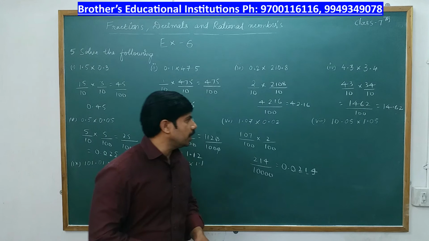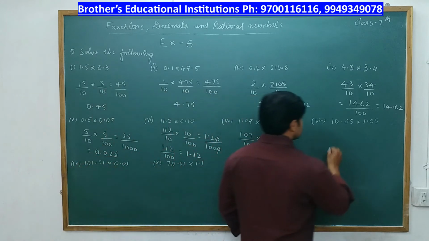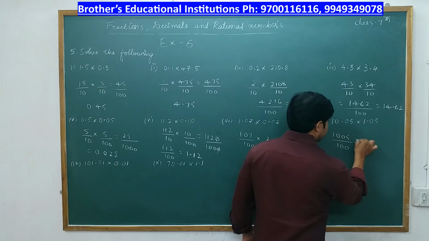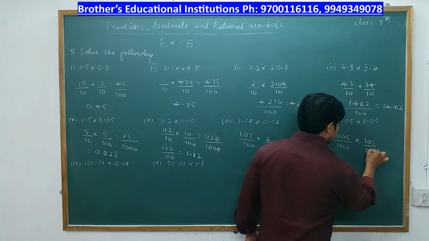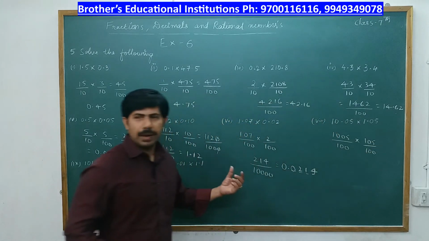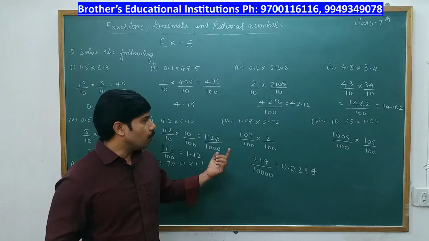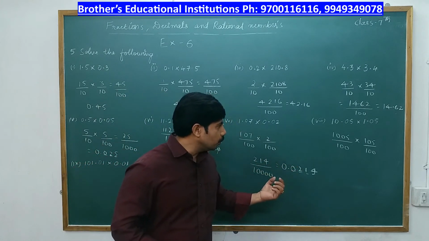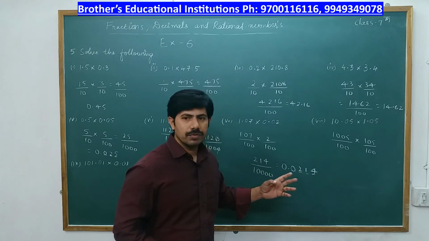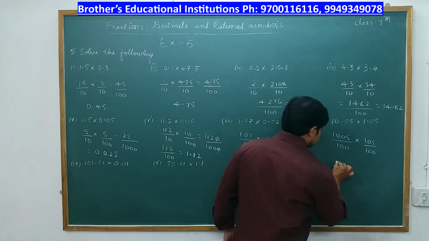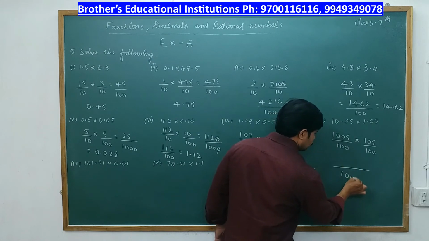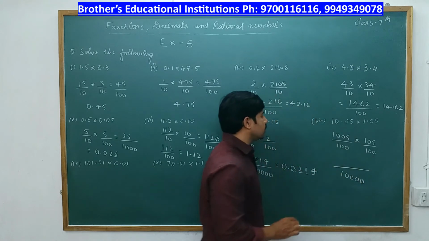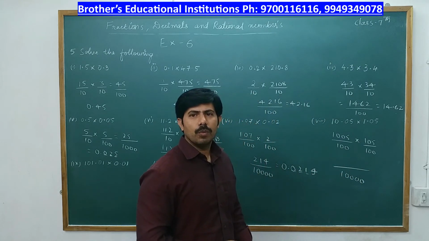So next one is 10.05 into 1.05. So this is 1005 by 100 into 105 by 100. So now we need to multiply 1005 into 105. First I will write the denominator 1 and 4 zeros. So 1005 into 105 will be 105525.